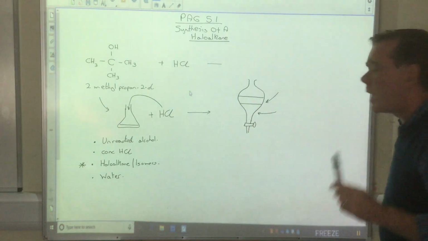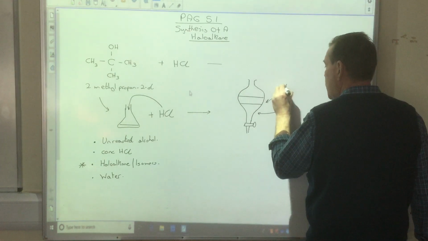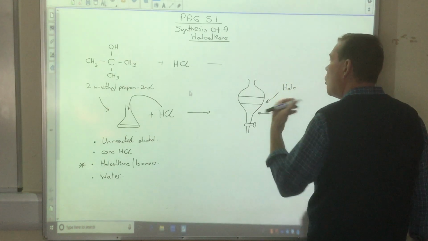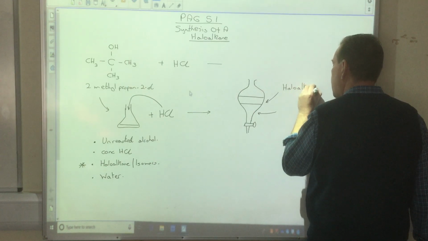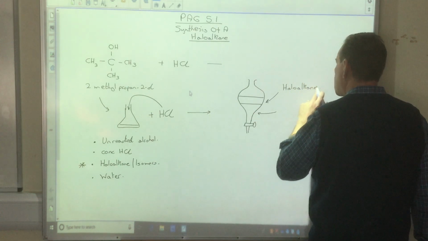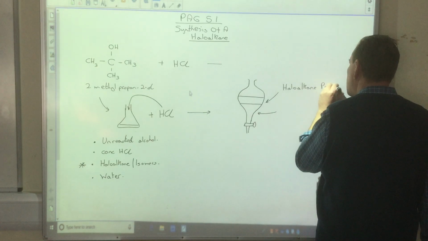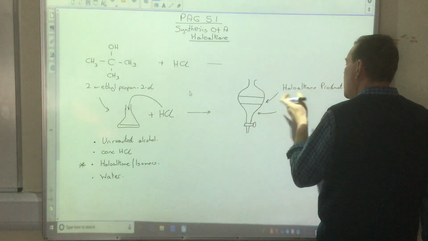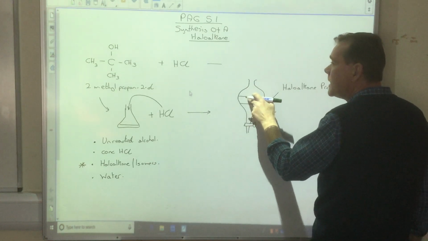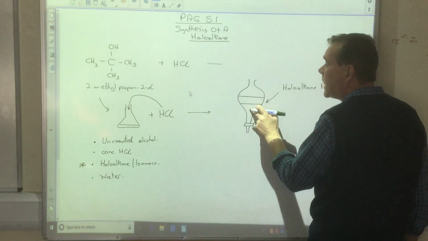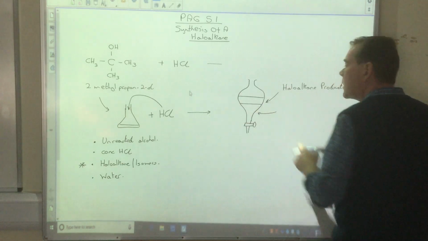Top layer is your organic layer, what you've made, your haloalkane, and any other organic impurities, such as isomers of your haloalkane. Your haloalkane product is an organic product. Hydrocarbons float, that's your top layer, on aqueous, on water and anything that's in it.